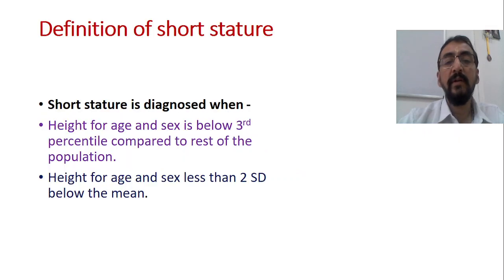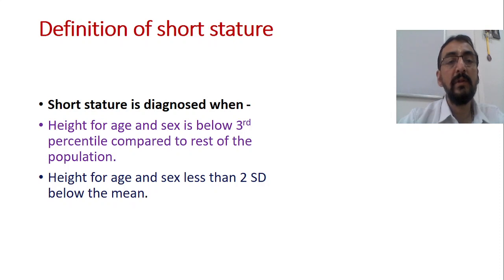In the beginning, what is the definition of short stature? When you say that this particular boy or girl has short stature, short stature is diagnosed when the height for age and sex is below the third percentile compared to the rest of the population. That means in the height chart, what should be the height for the age, and for the sex.